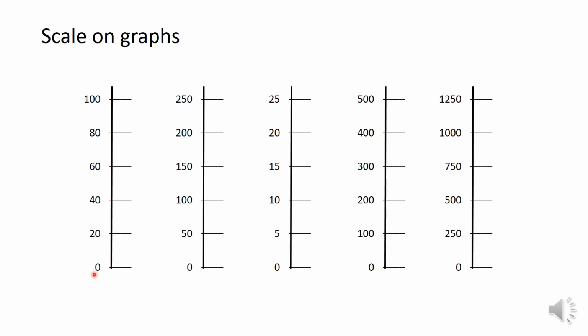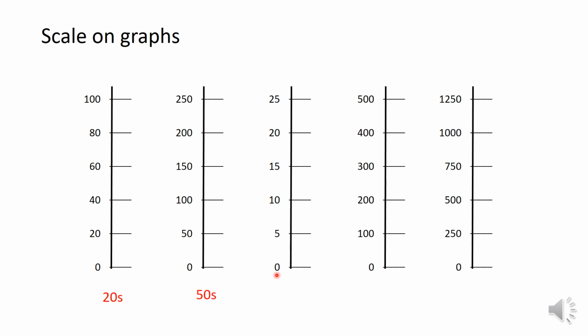On the first one, we go from 0 to 20 to 40 to 60 to 80 to 100. Hopefully, you should see that each time it goes up in 20s. The next one, 0, 50, 100, 150, 200, 250, goes up in 50s.